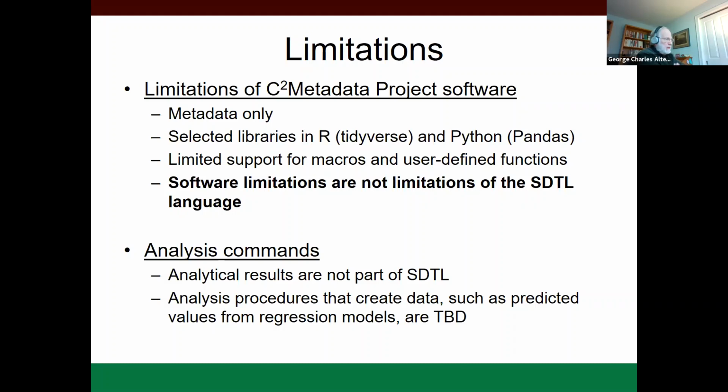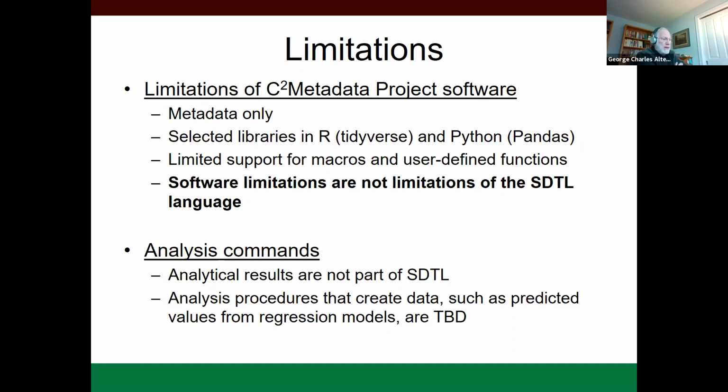The big limitation, I would say, in SDTL right now is that we don't describe analysis commands. On one part of that, I think that's fine, because the results of your regression equation that go into your paper are not a concern for us. However, if you use those regression models to create predicted values and residuals, then you've created new data, and that we haven't done yet.